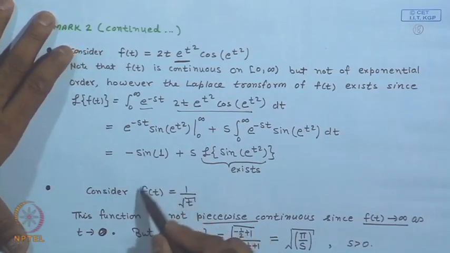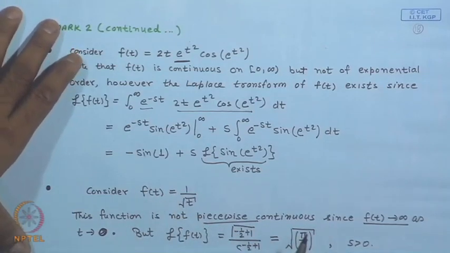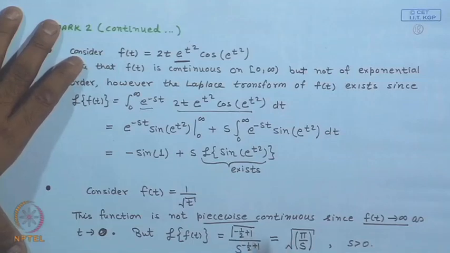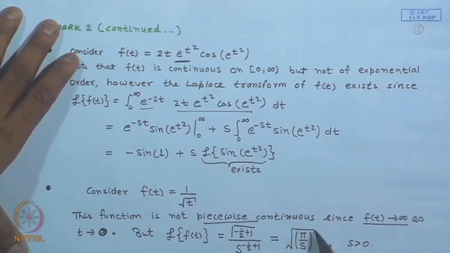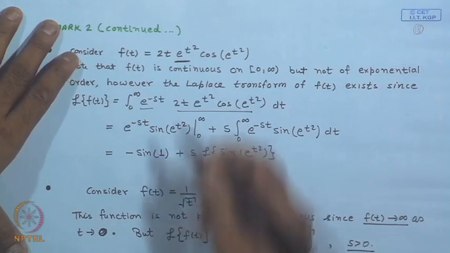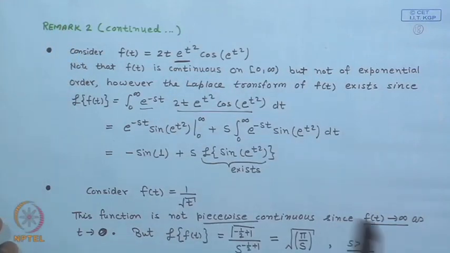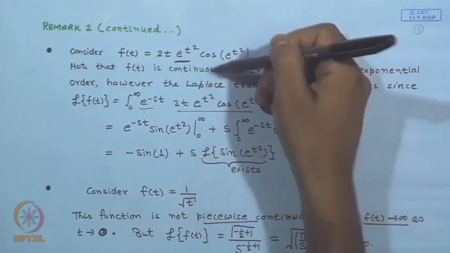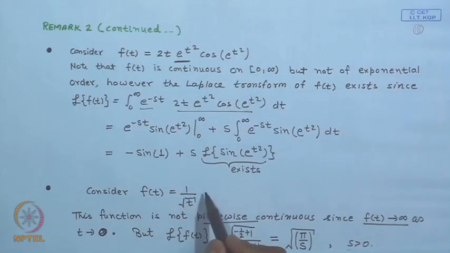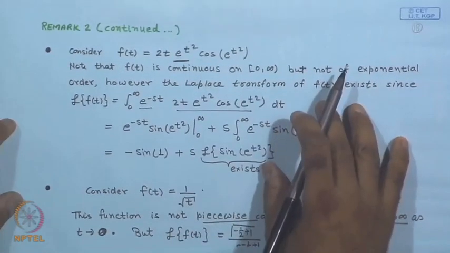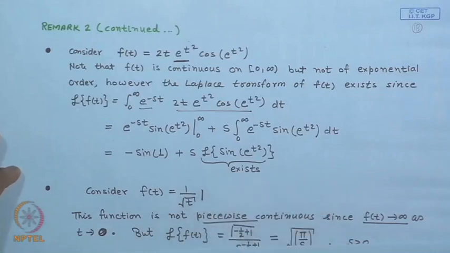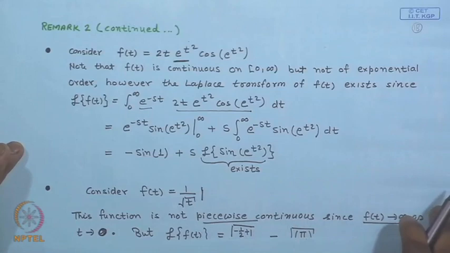But the Laplace transform of this f t is gamma of minus half plus 1 over s power minus half plus 1, that is, square root pi over s for s positive. So, we have these two functions: one of them is not of exponential order, the other one is not piecewise continuous, but the Laplace transform exists in both the cases. So, this supports the point that those conditions are sufficient conditions, not necessary conditions.